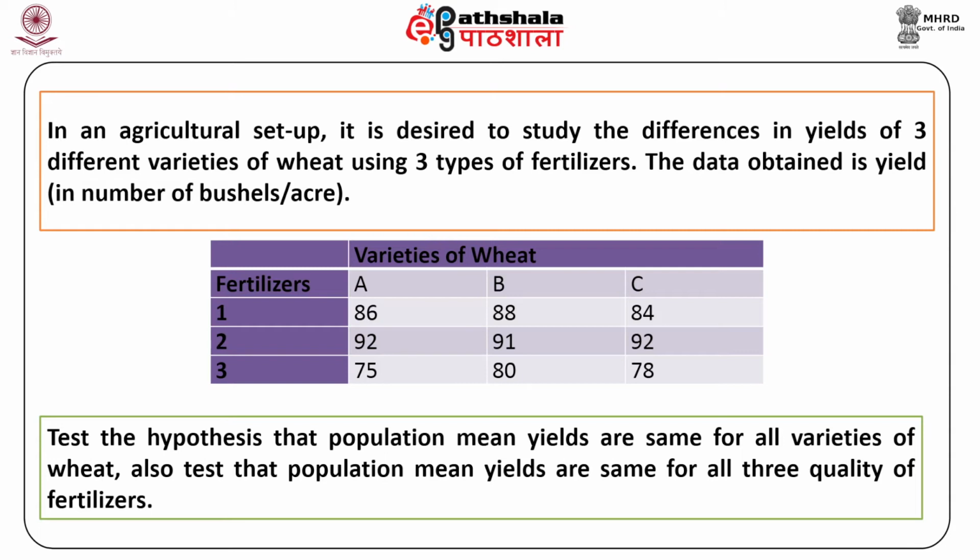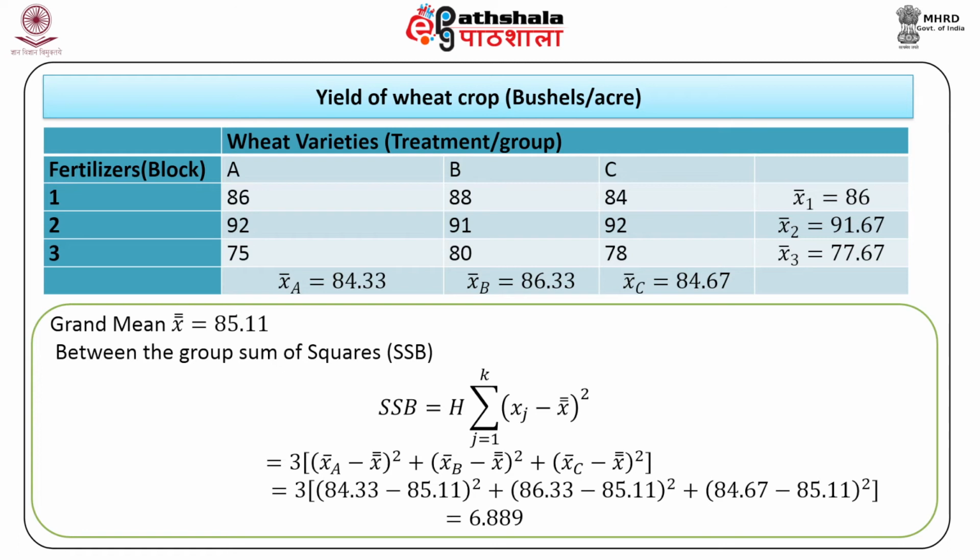Also test that population mean yields are the same for all three qualities of fertilizers, which basically means we are trying to test that fertilizer quality or the wheat variety does not make any difference to the yield. What is the solution to this problem?